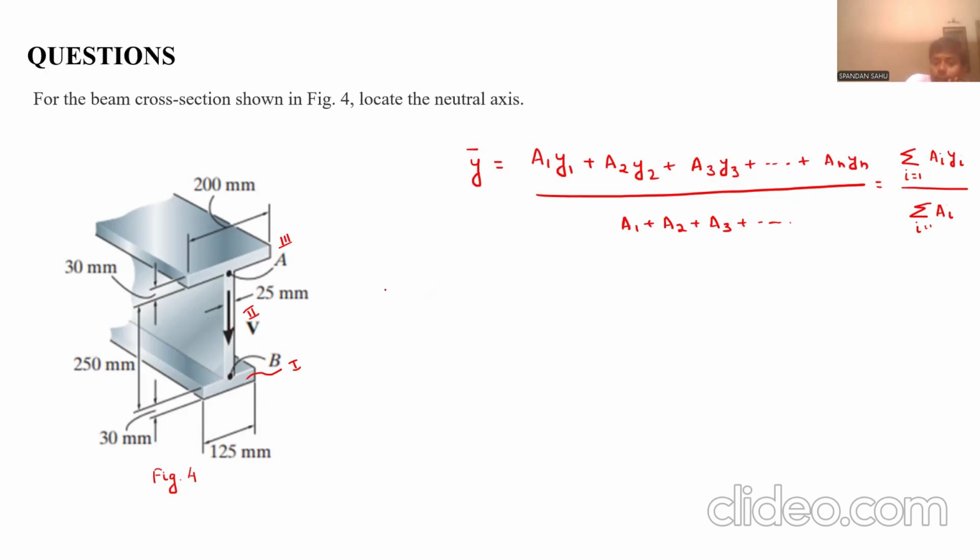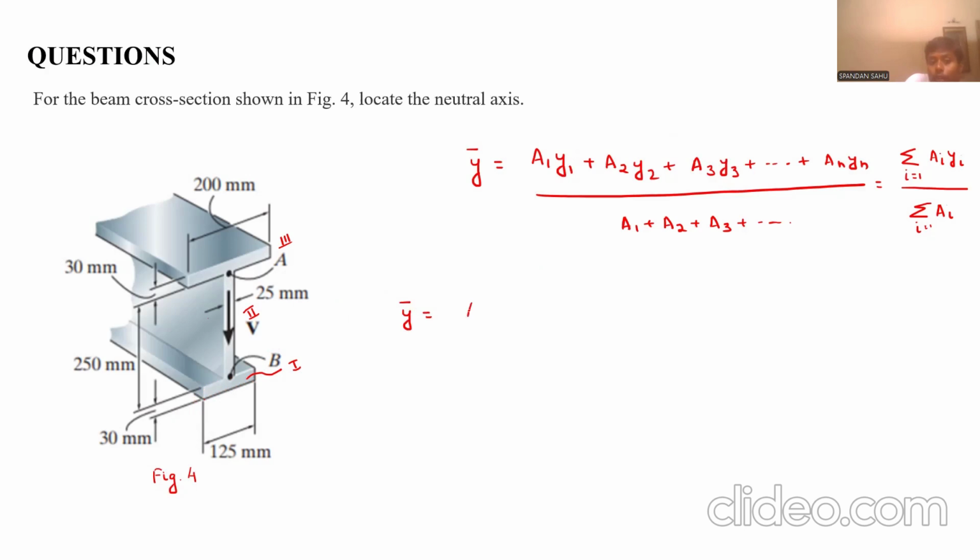Let us write the areas for 1, 2, and 3 respectively, along with their distances y1, y2, and y3 from a reference axis. To simplify, let us take the reference axis as the base of the bottom flange, at 0, 0. Now let us fill in this equation.